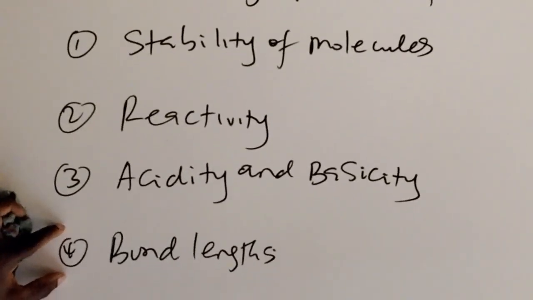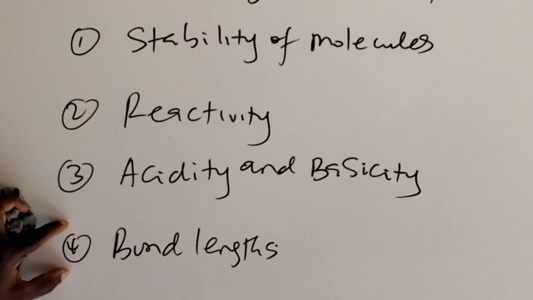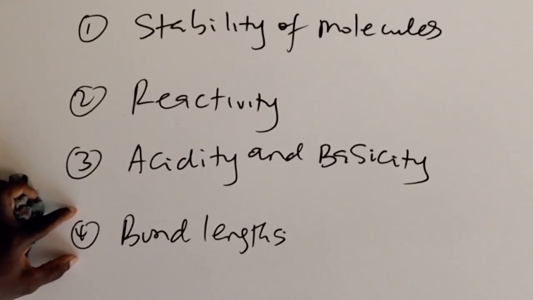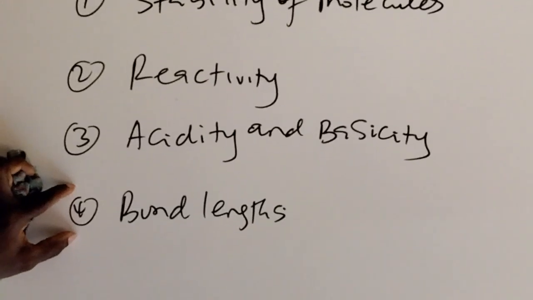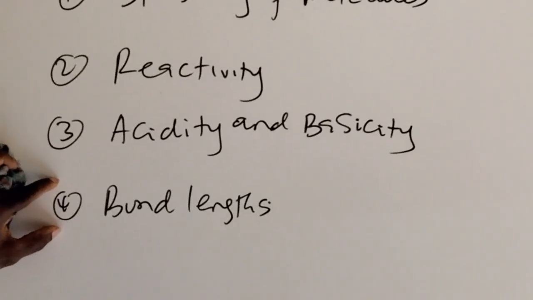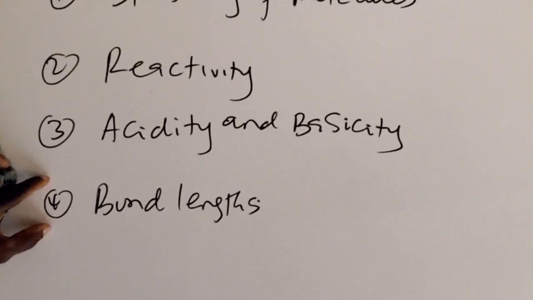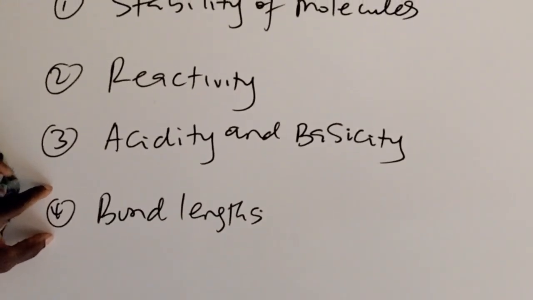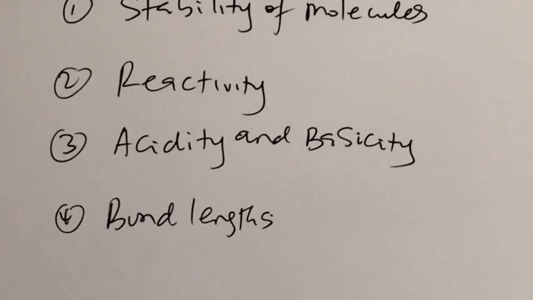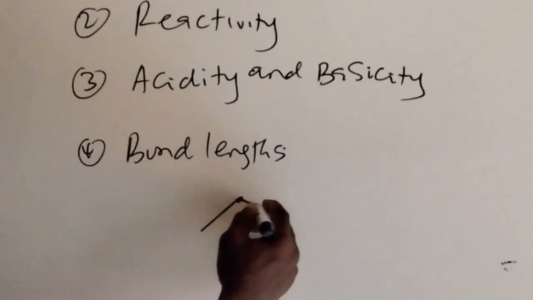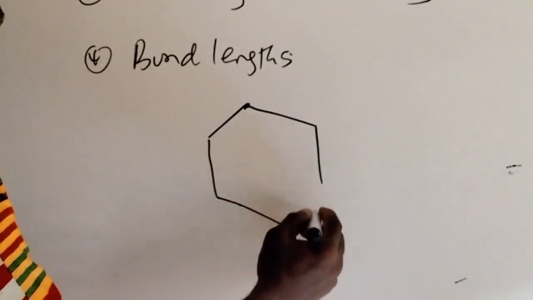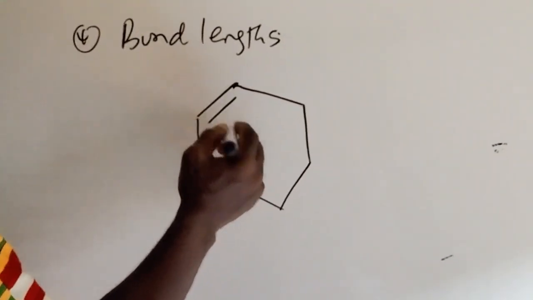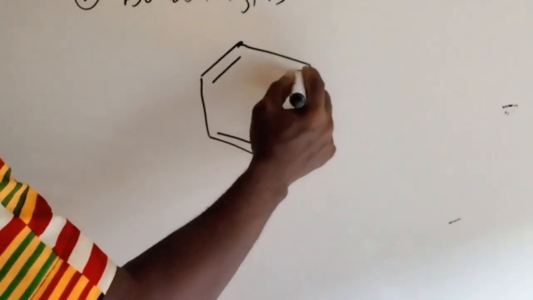Number 4 is bond length. So resonance gives a kind of partial double bond, whereby no bond is considered as purely single and no bond is considered as purely double. Just like in benzene, we cannot say that the double bonds in benzene are equivalent to the ones you have in alkenes.